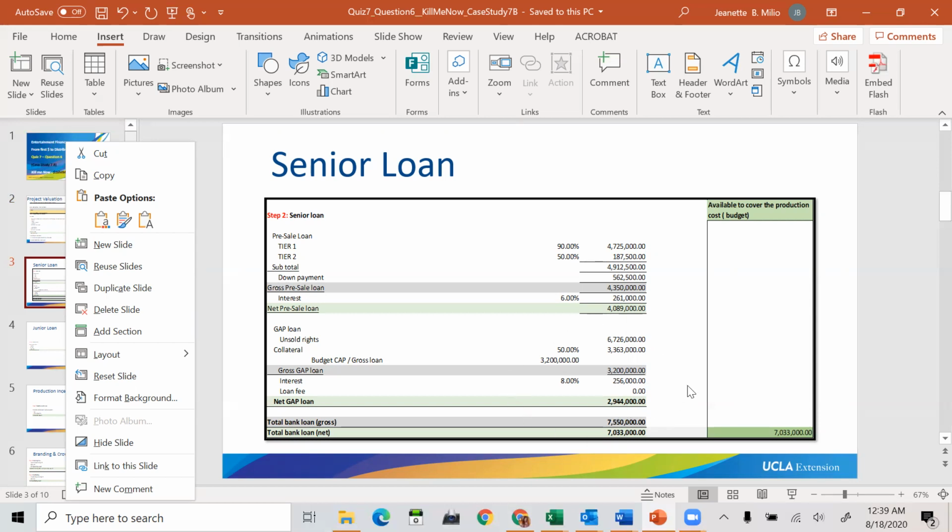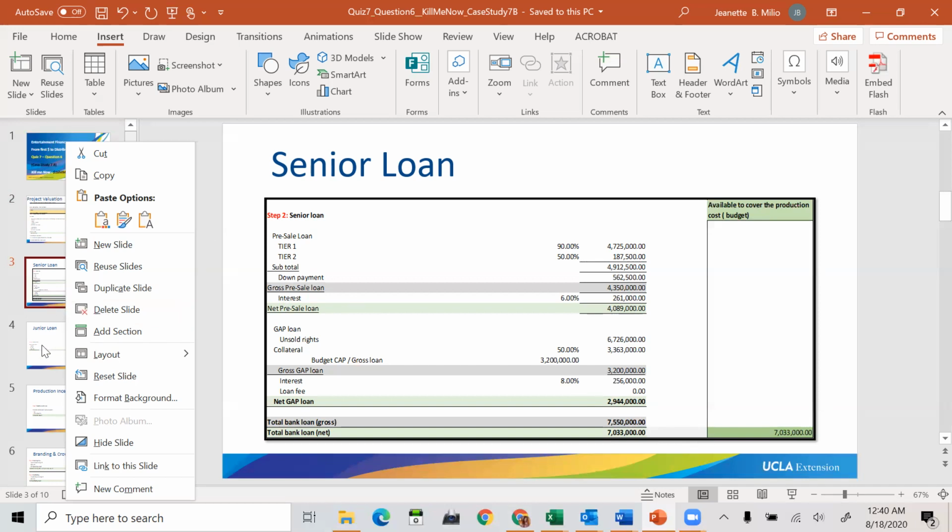This is the only section that changes a little bit, simply because our budget has increased. So now the loan is a little higher. We have a net bank loan of $7,033,000, which we're using to finance our movie, and a gross bank loan of $7,550,000, which we're going to be recouping because it includes all the interest fees.